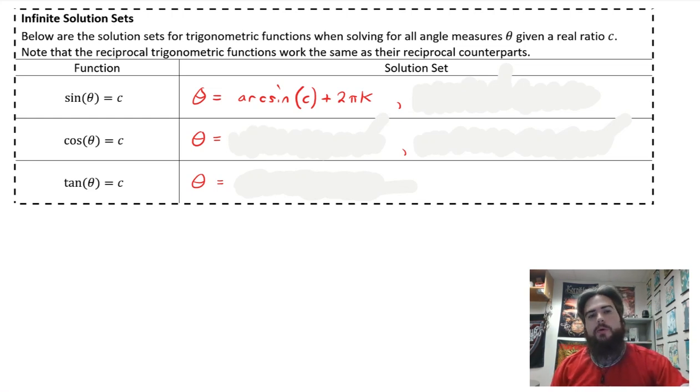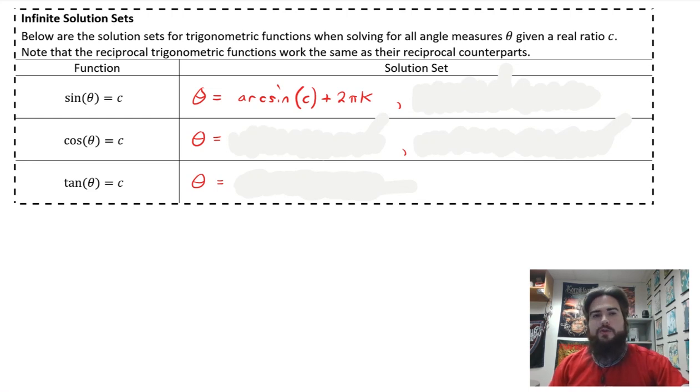For example, if we were evaluating sine of theta equals 1/2, this solution set would find all the answers in quadrant 1 as well as any of their coterminal solutions. However, there are more solutions for where sine of theta would equal, say, 1/2.